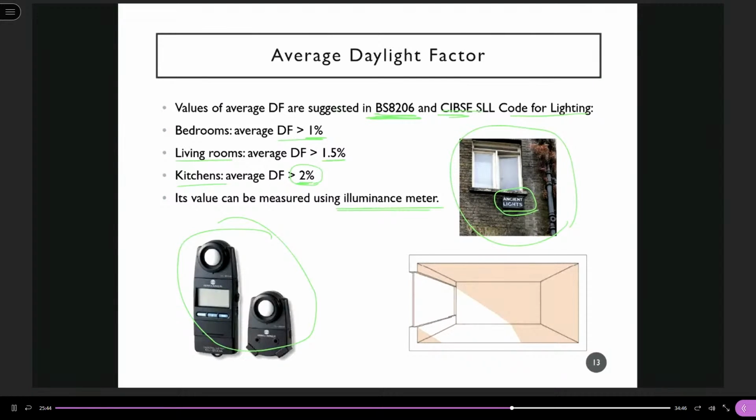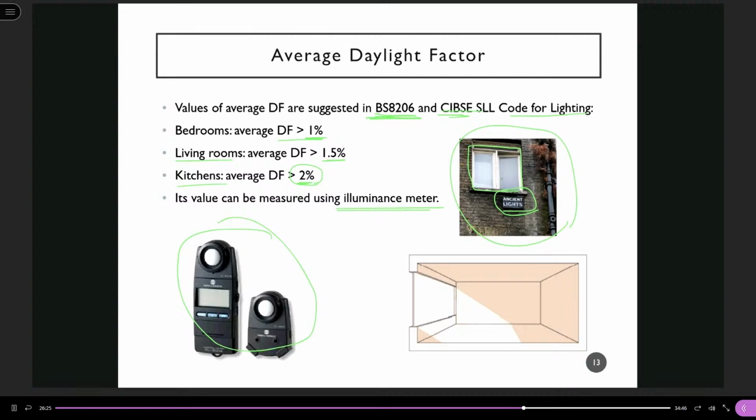The rights to light claim states that if a window has been enjoying daylight for a long period of time, maybe 20 years, and the site opposite this window constructs a new building that obstructs the light that has been enjoyed by this window for a long time, then the owner of this house can sue the developer of that new development.